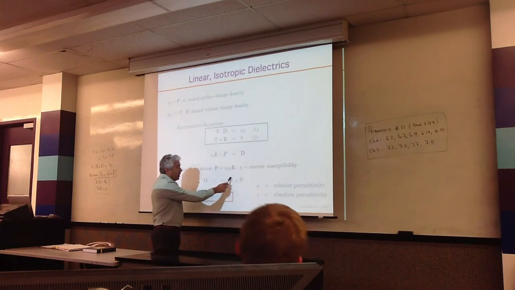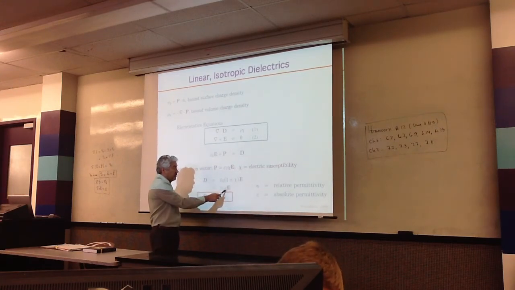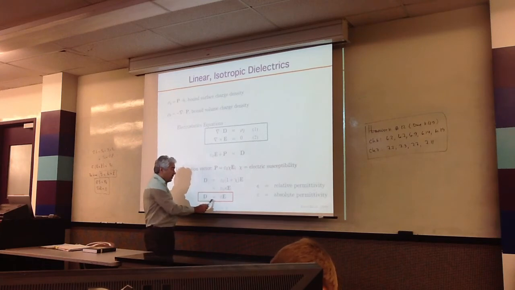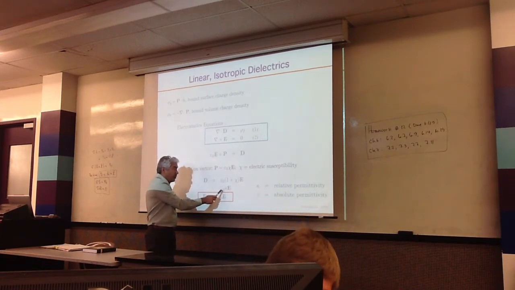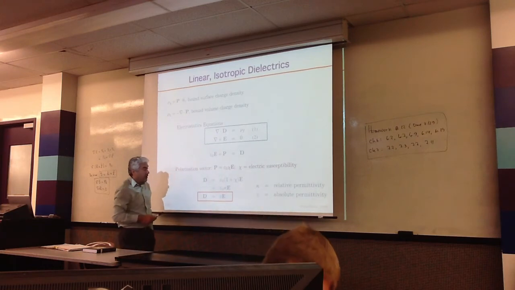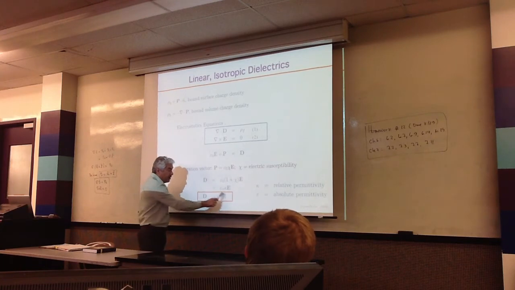Then you can write it in terms of kappa, which is the relative permittivity. It's called relative because it's relative to vacuum, which is epsilon 0. So kappa is really the absolute permittivity divided by epsilon 0. Then I can write it in this form.